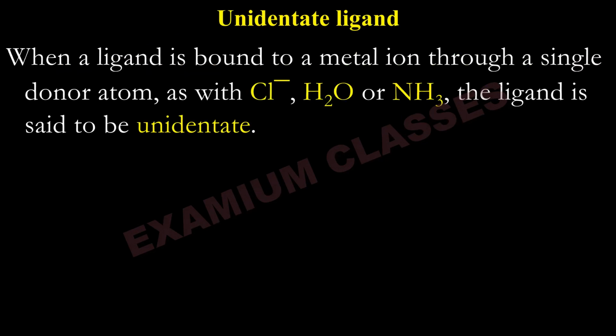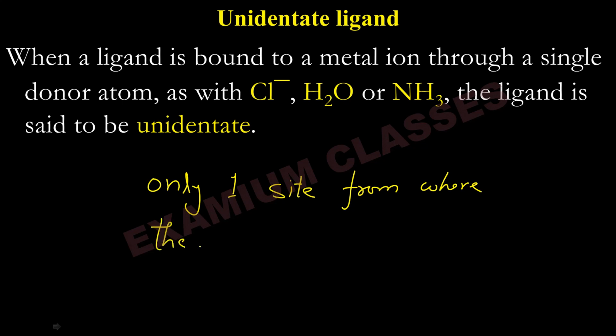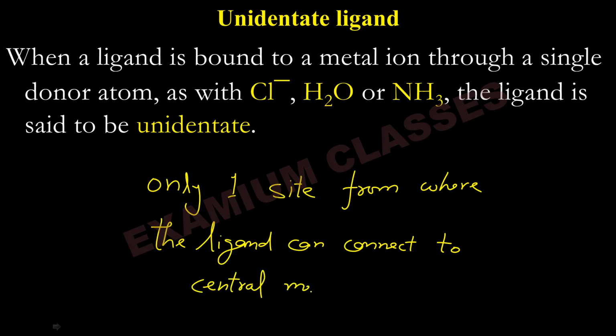Now this is important. Unidentate. A unidentate ligand is one which will connect only from one atom. Uni means one. It means there is only one site from where the ligand can connect to the central metal atom.